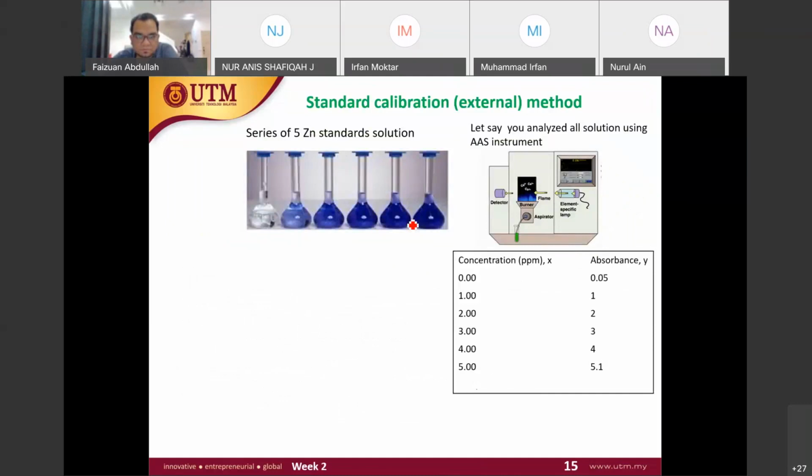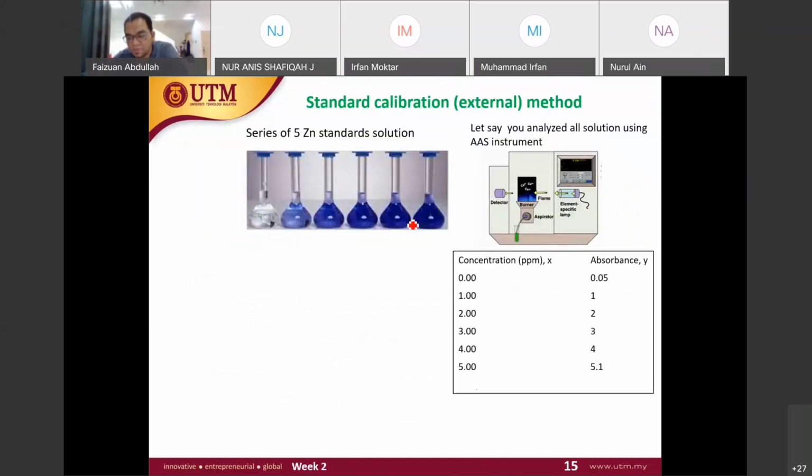Let's do it. For example, the standard calibration for the external method. Okay, a series of 5 zinc standard solutions. Let's say you analyze all solutions using AAS instrument. But this one is not using chromatography.